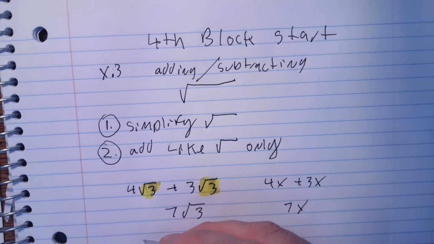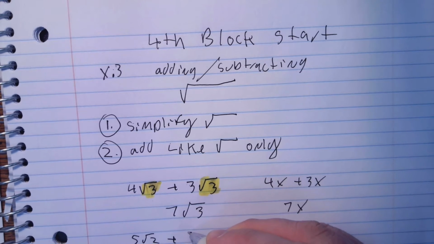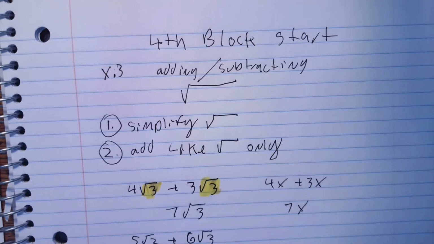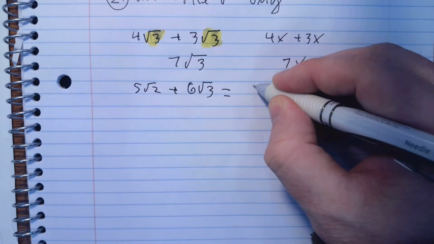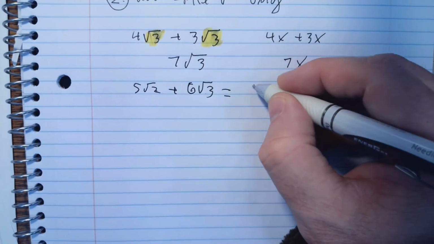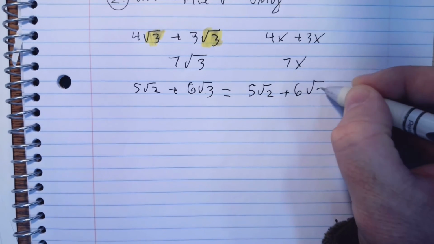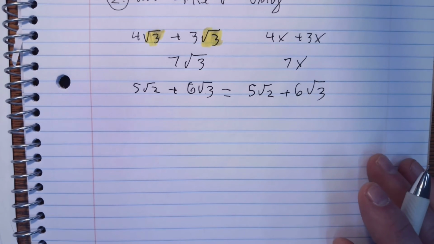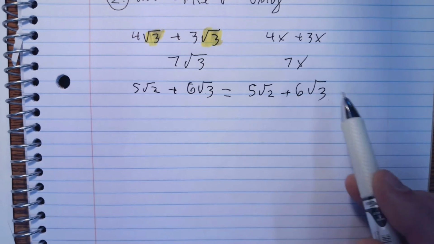If we have a problem like this, guess what the answer is? Can't add because they're different. So I just write this for my answer. You can't do anything, okay? So you can only add if they're alike.